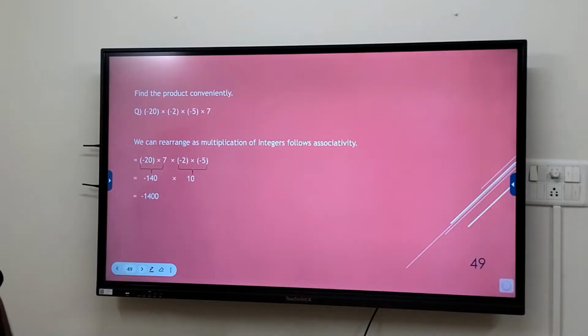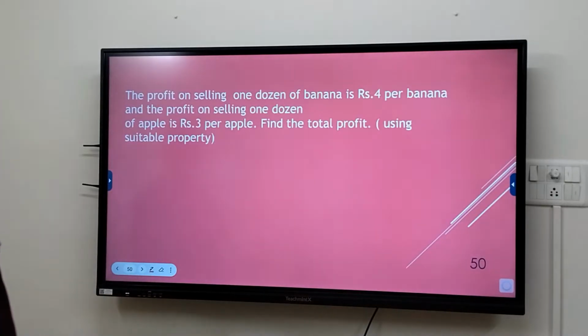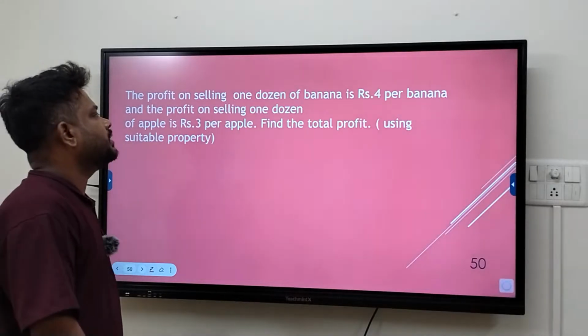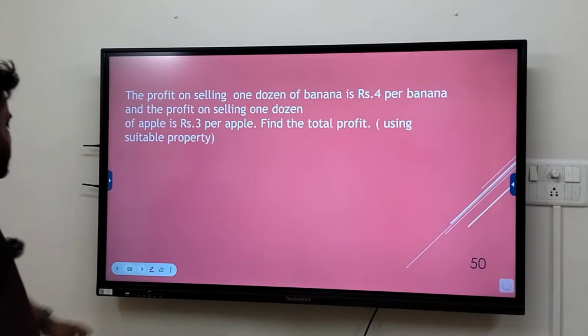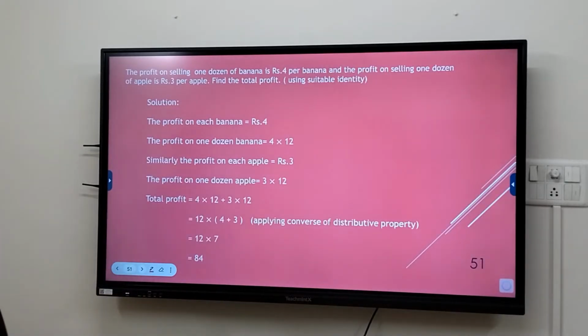Okay, they have also done it like this. The profit of selling 1 dozen bananas is rupees 4 per banana, and the profit of selling 1 dozen apples is rupees 3 per apple. Find the total profit using a suitable property. So let's see this. The profit on each banana is rupees 4.